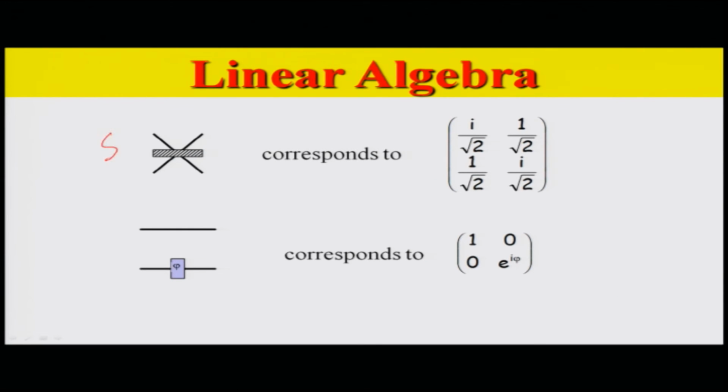What we are now saying is our beam splitter essentially corresponds to an operation of this kind, whereas the phase that we introduce in one of the arms of the beam splitter corresponds to a phase change between the two states.